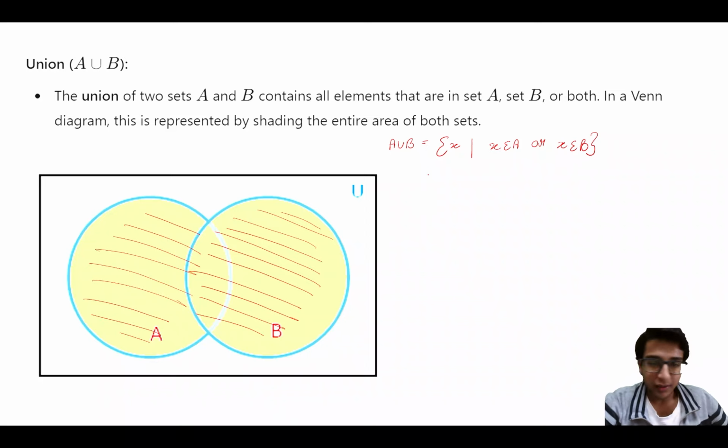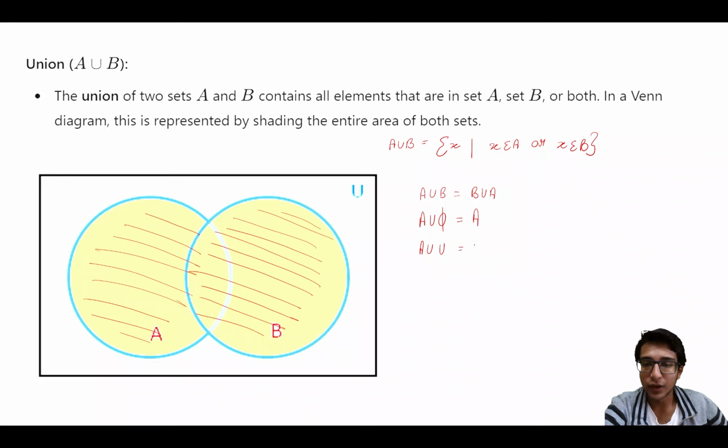Now there are a few properties of union that you need to keep in mind. If I have A union B, this is equal to B union A. The elements would of course be the same. If I do A union phi, I have just one set and I union it with phi, so it is going to be A. If I union A with the universal set, what am I going to get?